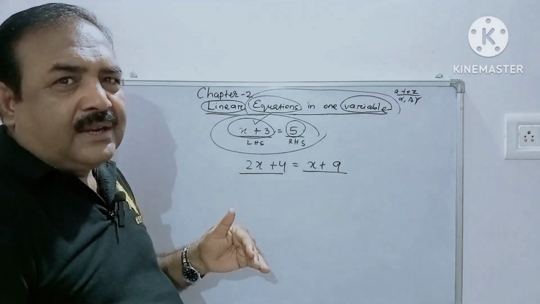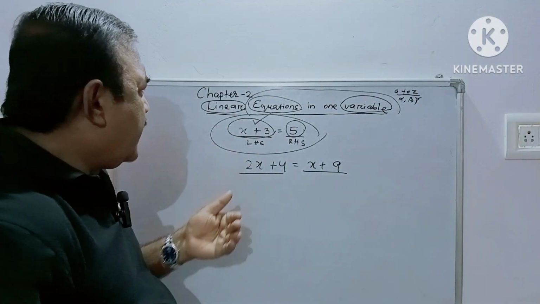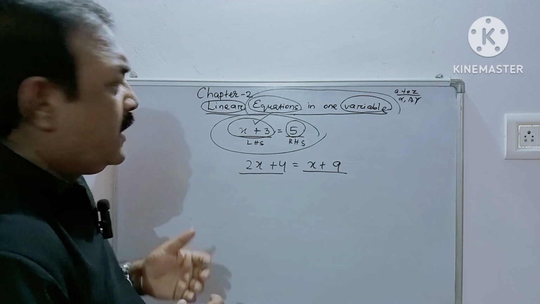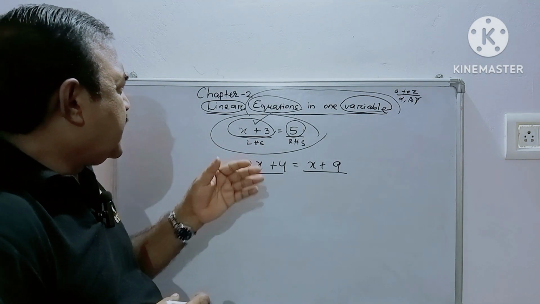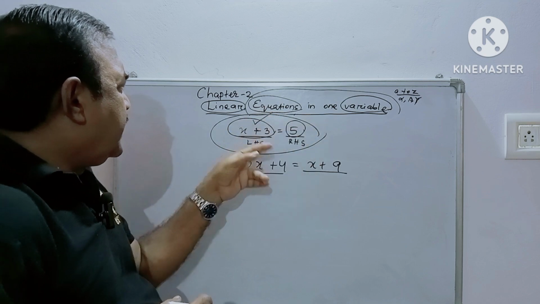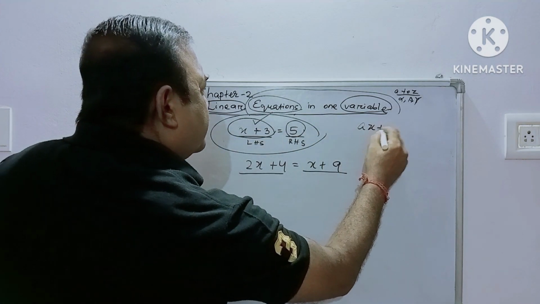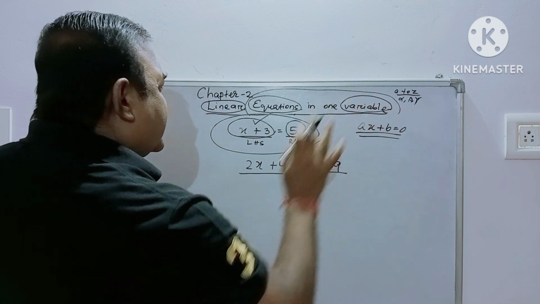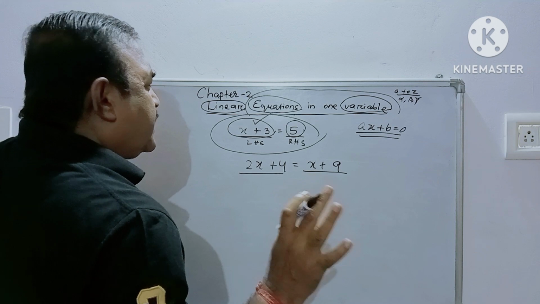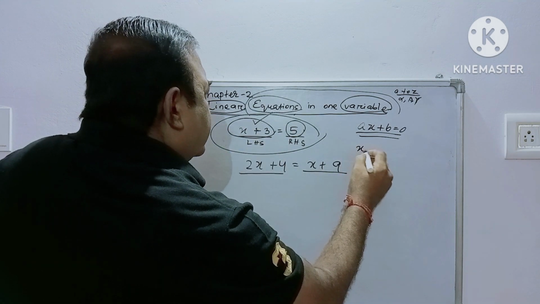They represent the line, that is a straight line, when you graph it in the Euclidean plane. But in the standard form, in an equation in one variable, we have to write ax plus b is equal to 0, and a is not equal to 0. A and b are constants for you in the early stage. So we can convert this like this.